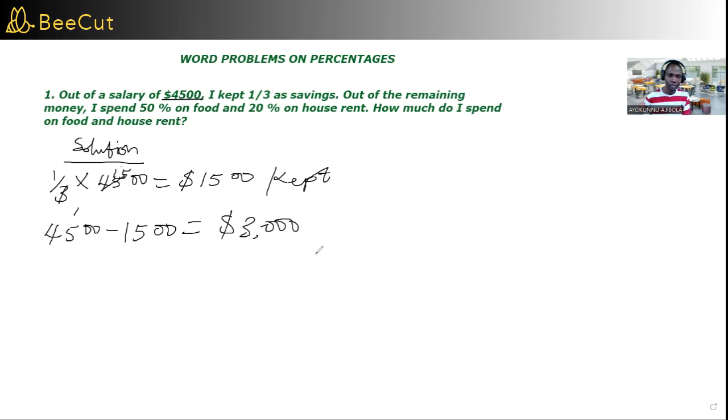That means I spent half of it on food. So 50% on food means half of 3,000, and that is $1,500 on food.